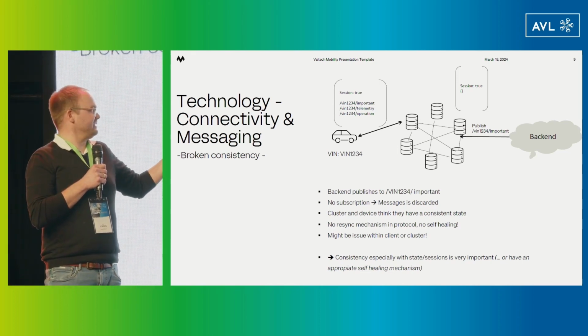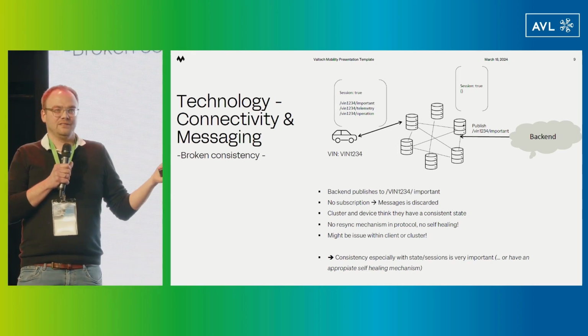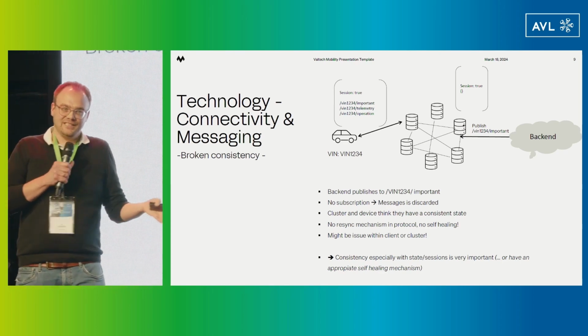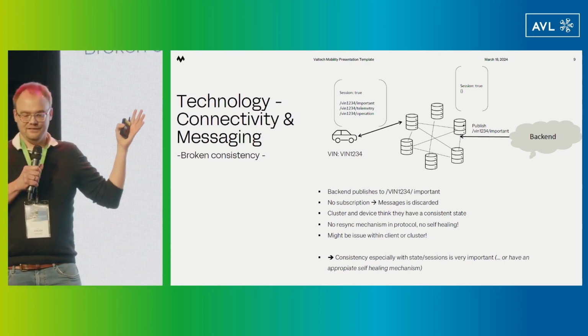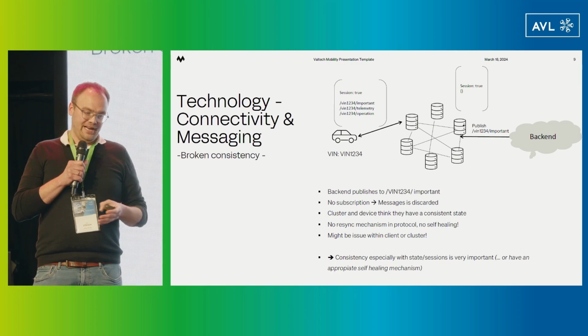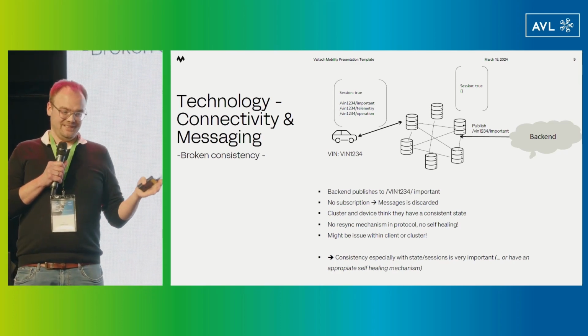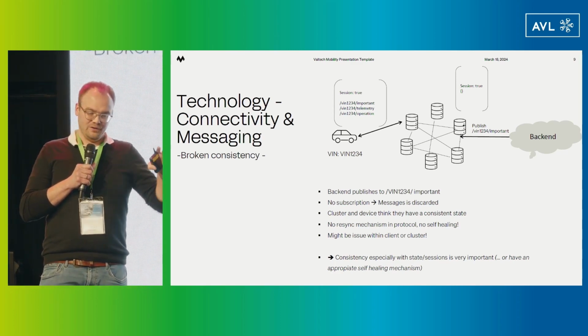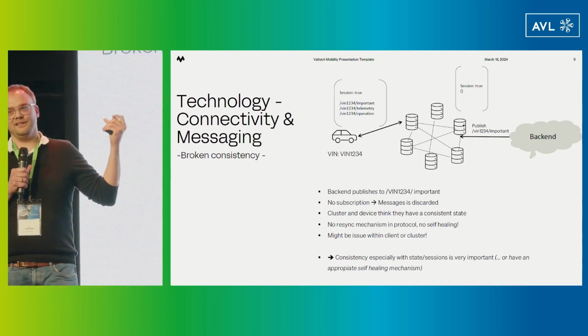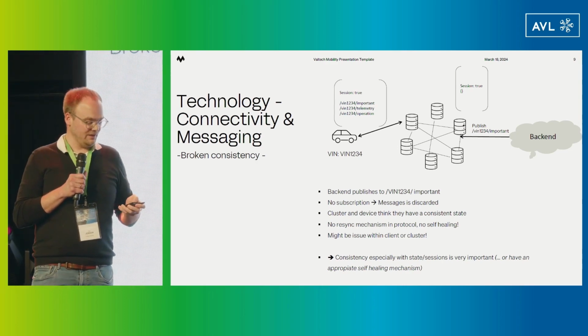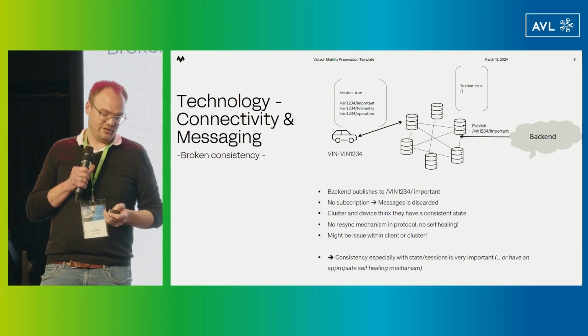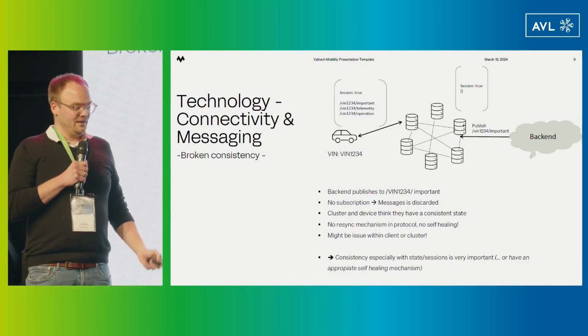Like, you are in this situation, and how do you come out of it? You can invalidate sessions, but you have to detect this failure state, or you can reboot, but from only looking from within the protocol it is quite hard to handle this situation. And it happens, or we saw it happening.